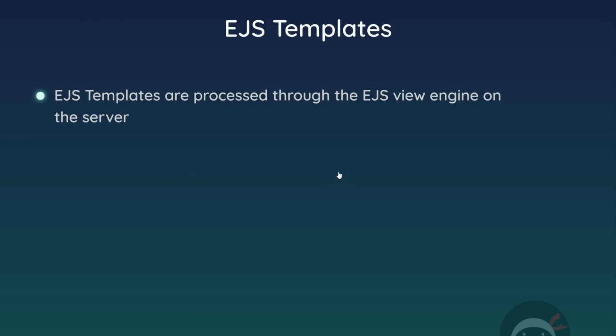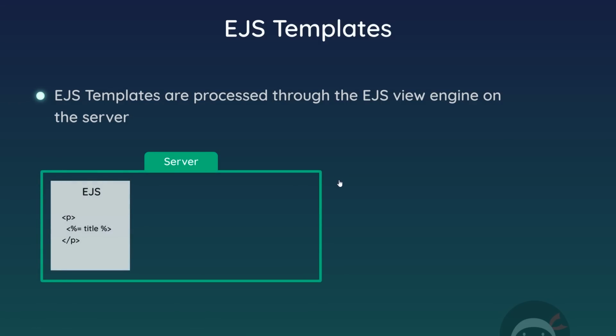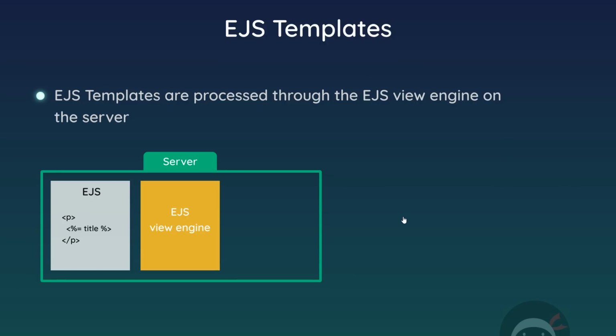So we're now creating dynamic EJS templates with variables and logic inside them, but how does this all work? Well, our view files live on the server, and when we want to render one to the browser, that view file is passed into the view engine, the EJS view engine, to be processed.